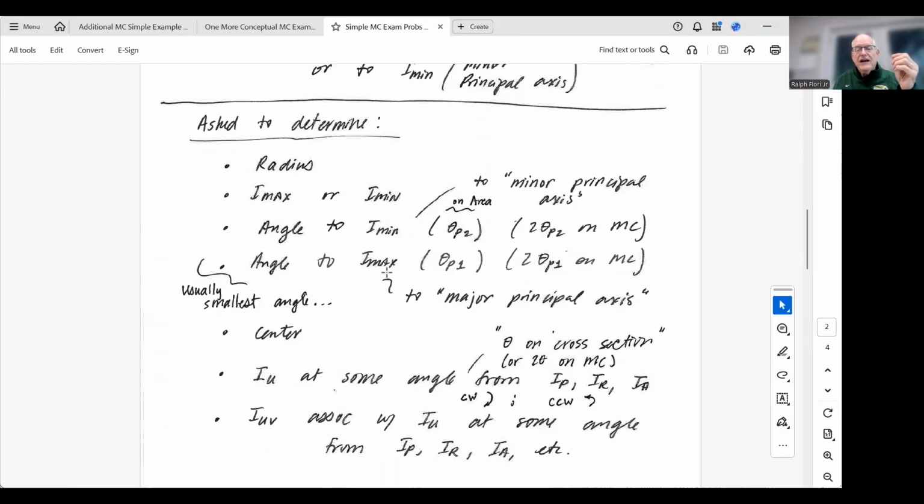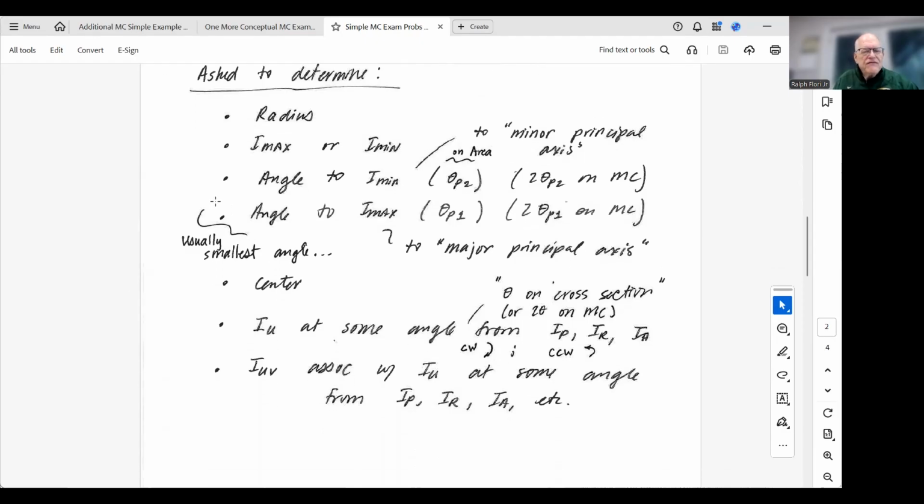That's an angle to a major principal axis, which is basically I max. So it's theta P1 on the area, or it's 2 theta P1 on the Mohr circle. Usually you're asked to find the smallest of the two, but you could be asked to find the other. So for example, if your point is closer to the I max, more often than not, you're probably asked to find that one. But you could be asked to find the larger angle.